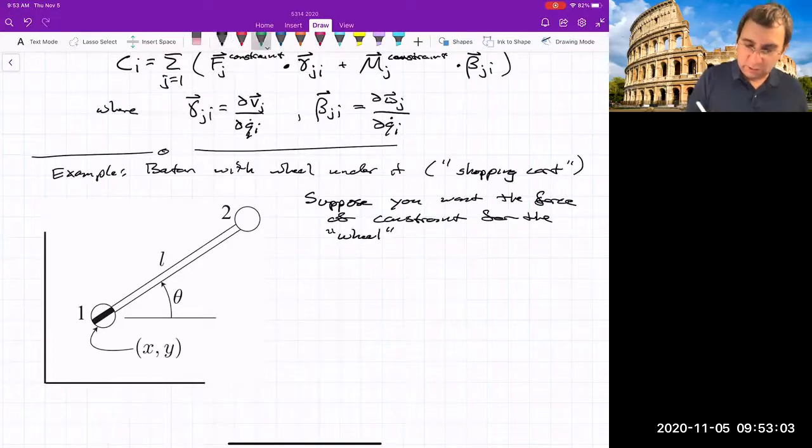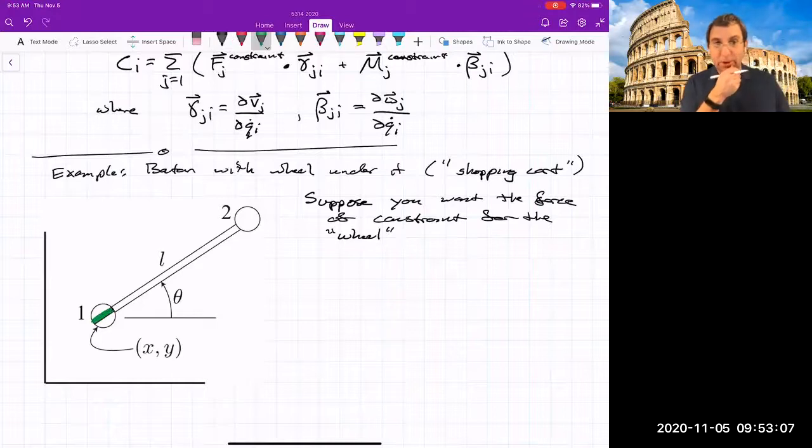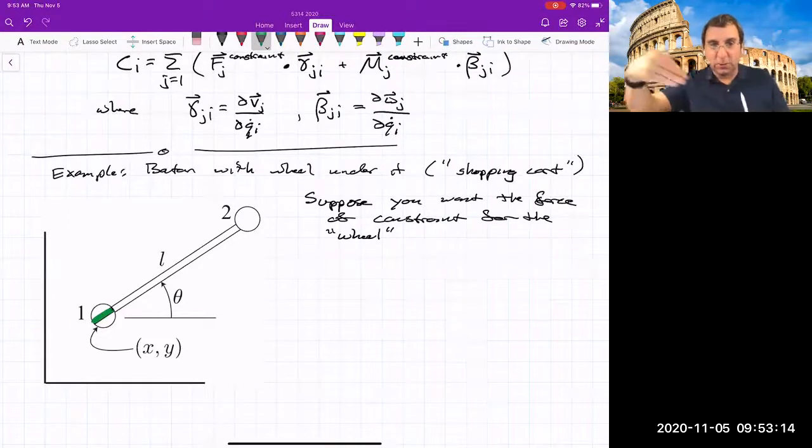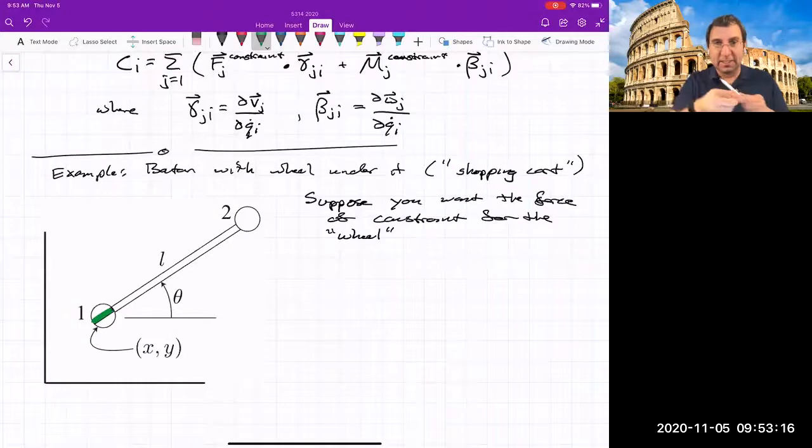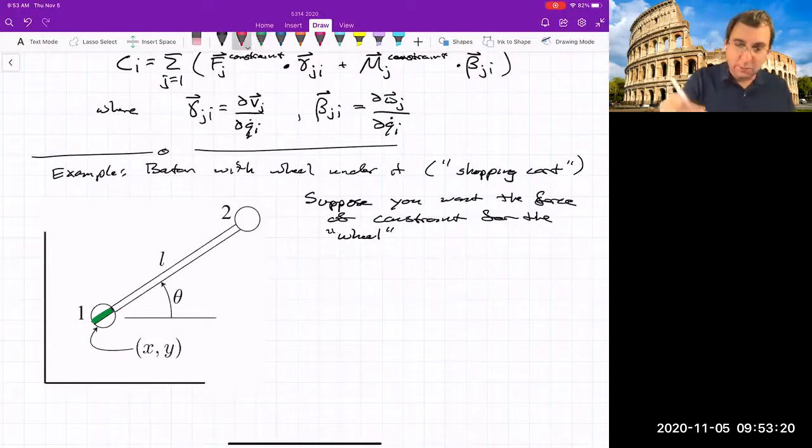By wheel, we mean what's keeping particle one, which should be sliding freely, but because we put that kind of skate thing under it, it can only move along the axis of the baton. It cannot move laterally. So there's no motion in that normal direction, and there has to be a force that's keeping that happening.